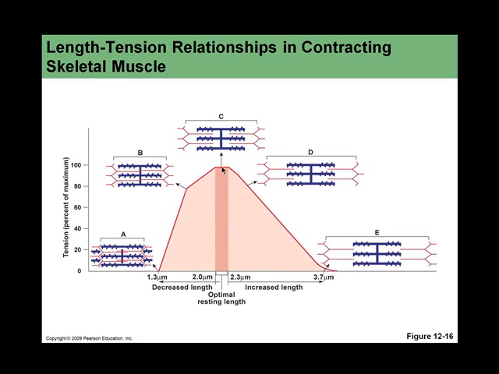And then the slope, if you use the calculus to get the slope of this, or the rate at which you get this change, it is greater going from the maximally decreased length to the optimal length. I think you can see that the slope of a line here, if you forced a straight line there, would be greater than the slope of the line here.